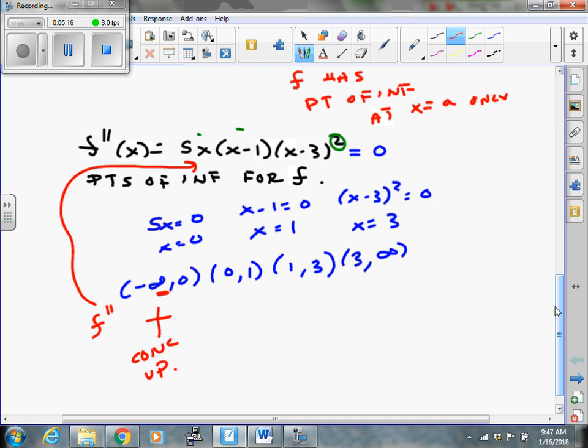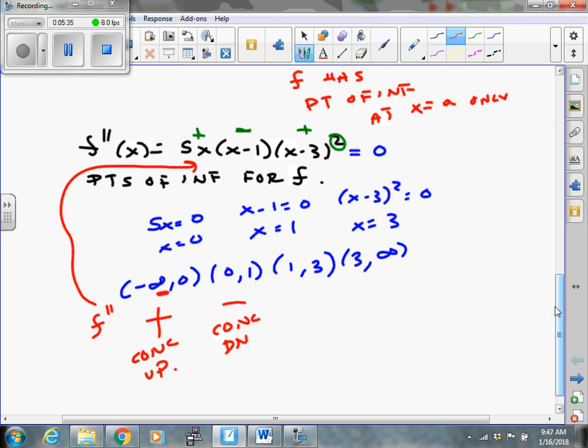Between 0 and 1, I'll plug in a number. I get a positive, I get a negative, and again I get a positive. Hence, I have a negative, so your function is concave down.